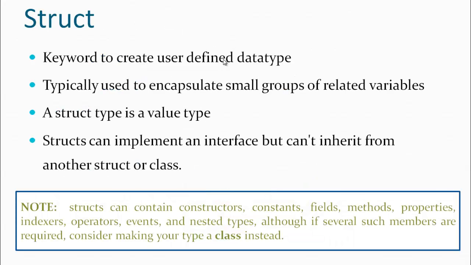Now let us have a look at structures. The struct keyword gives you the chance to create your own data type. You need to create your own data type as built-in data types are not capable of representing real life entities. For example, if you are writing an employee management system, you want to represent an employee.